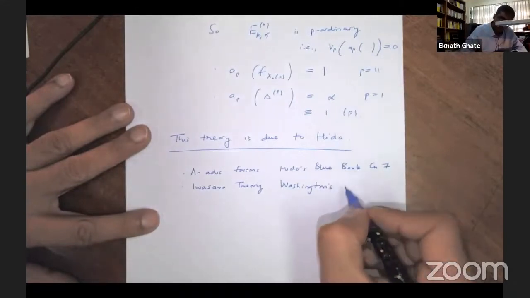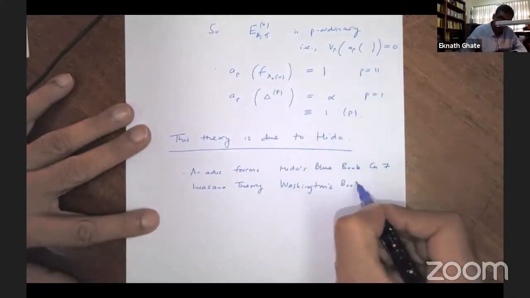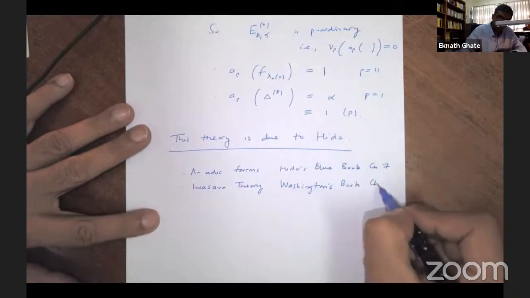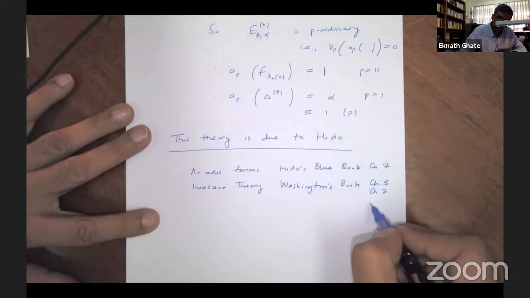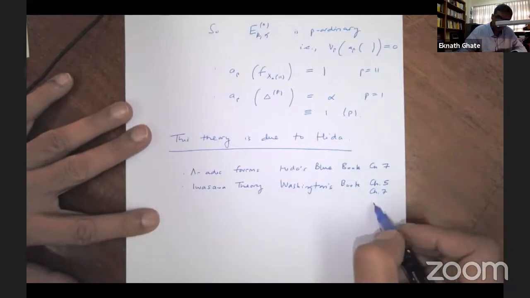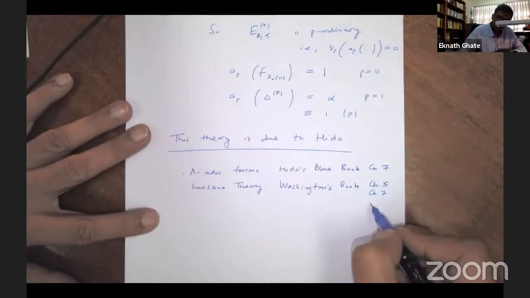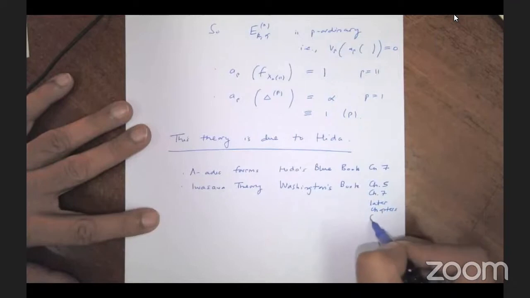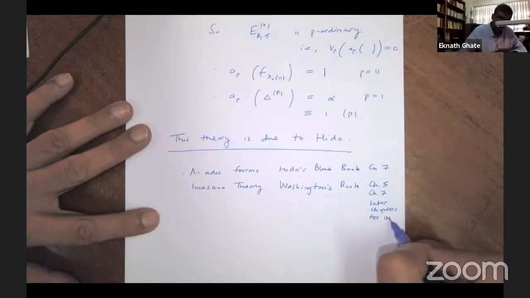For that, you can look at Washington's book on cyclotomic fields. Today I used results from Chapter 5 and Chapter 7, but the Iwasawa main conjecture I mentioned is a bit later, in the later chapters.